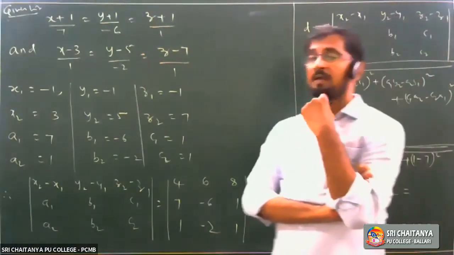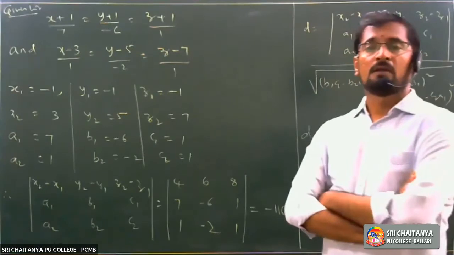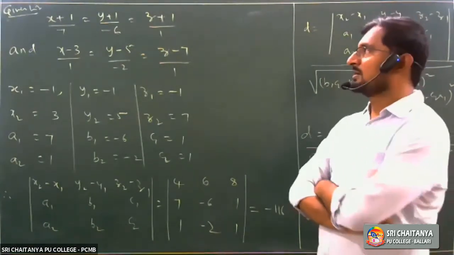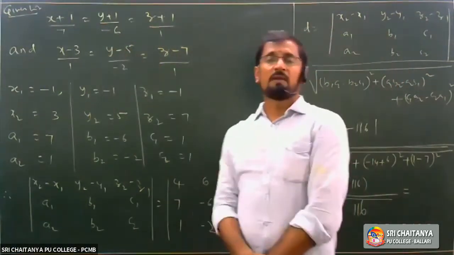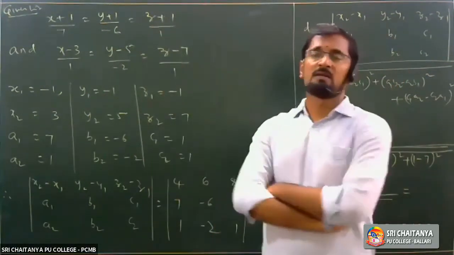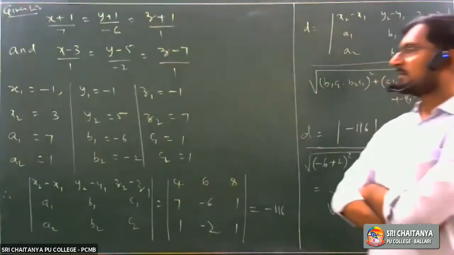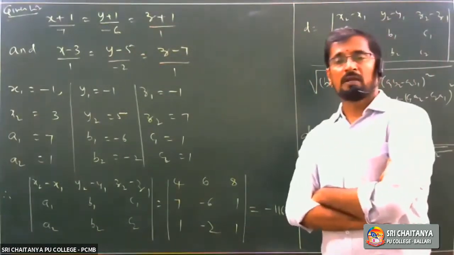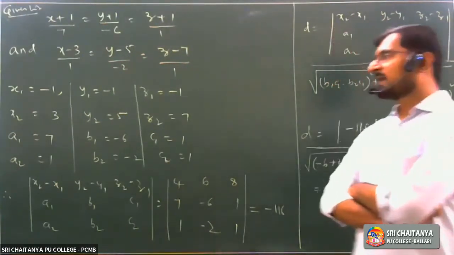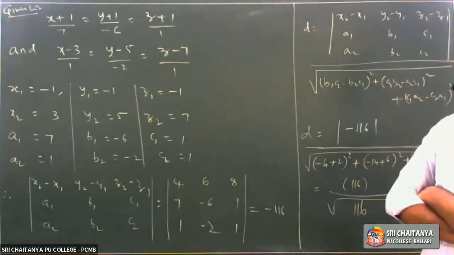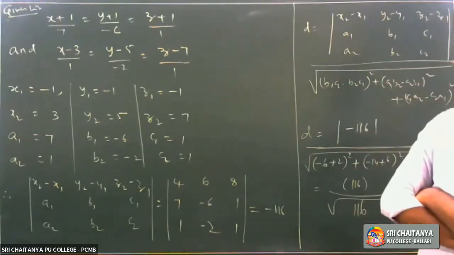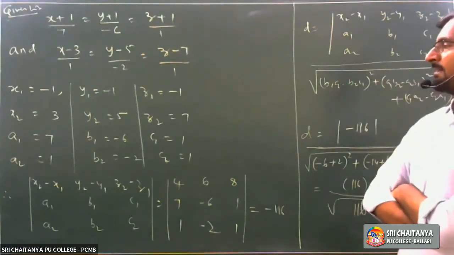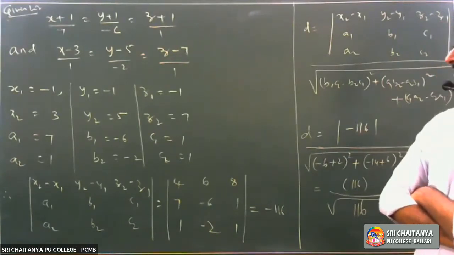Compare the given line with x minus x1 by a1 is equal to y minus y1 by b1 is equal to z minus z1 by c1. x1, y1, z1 values are minus 1, minus 1, minus 1. x2, y2, z2 values are 3, 5, 7. a1, b1, c1 values are 7, minus 6, 1. a2, b2, c2 are this.